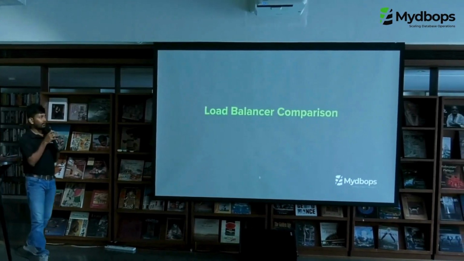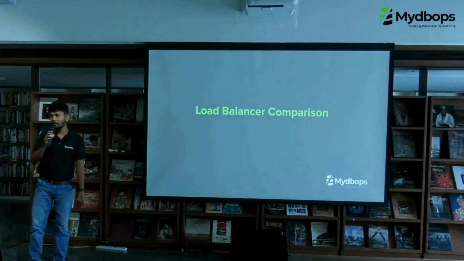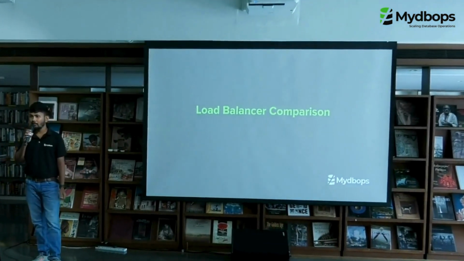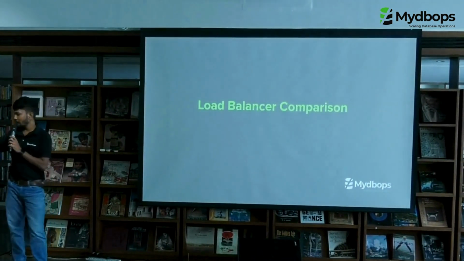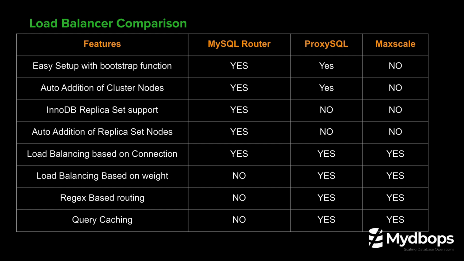Finally, we will see a load balancer comparison, covering the load balancers available in the market. The main ones are MySQL Router, ProxySQL and MaxScale. The bootstrap function is available in both MySQL Router and ProxySQL, and auto addition of cluster nodes is available in Router and ProxySQL. InnoDB ReplicaSet support, and auto addition of a replica set, is only available in MySQL Router.